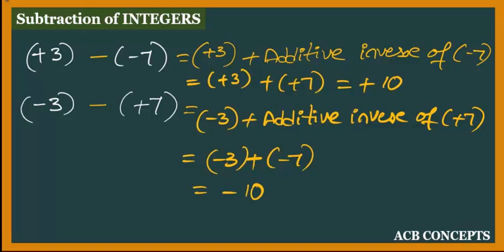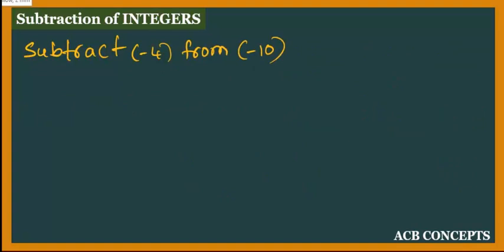Till now we have learned about subtraction of integers of same sign and subtraction of integers of different sign. Let us try some examples. Subtract minus 4 from minus 10. So we have to subtract minus 4 from minus 10.